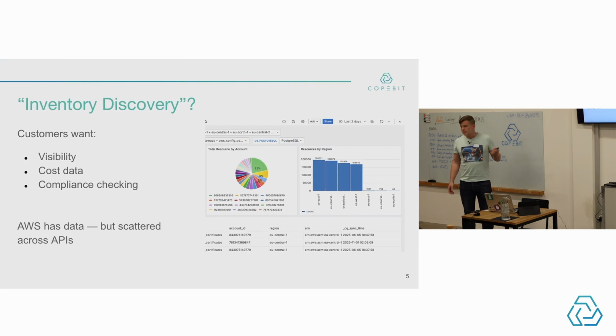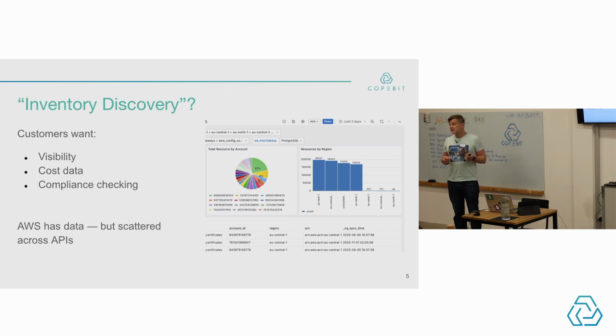I jumped ahead of myself a bit. This inventory discovery is both to keep track of the inventory of all the resources in customer accounts or our own accounts, and to discover what is there. When you have enough resources and enough accounts, it can be hard to have an overview.